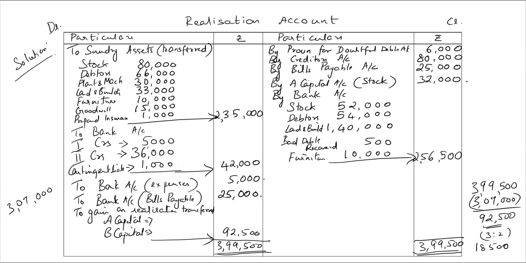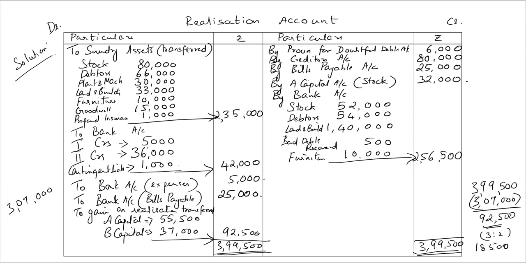So against B's capital account, it's 18,500 multiplied by 2, which is 37,000 rupees. And against A's capital account, it's 18,500 multiplied by 3, which is 55,500 rupees. So this is a realization account.